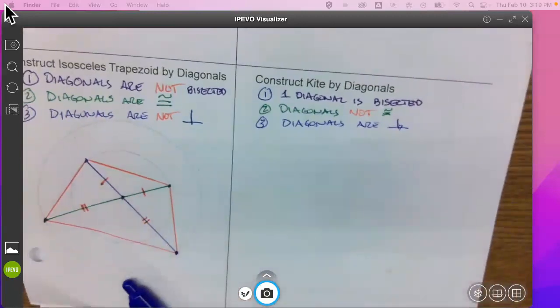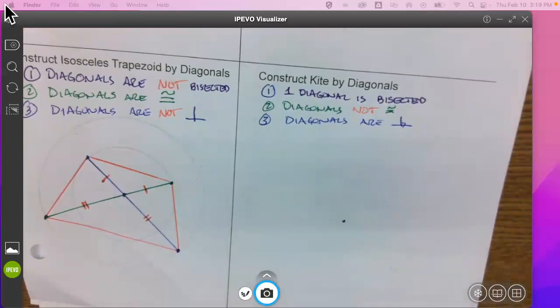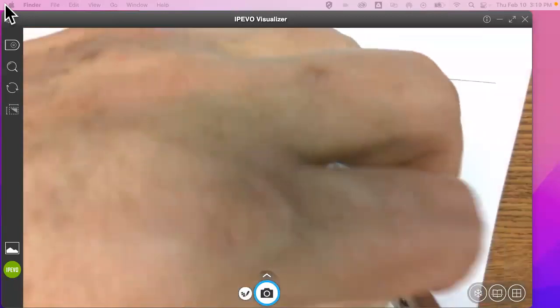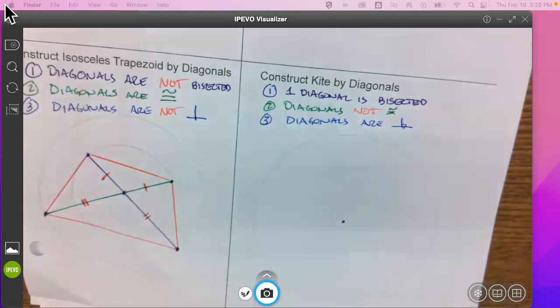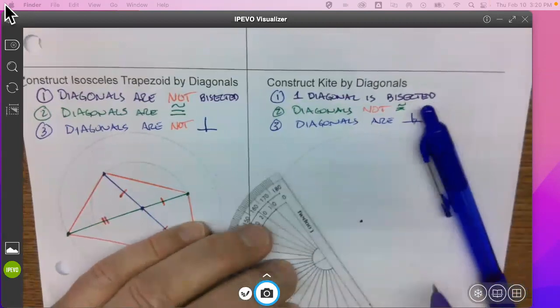So because one diagonal is bisected, we should do our little circle thing. That first diagonal, let's just draw it all the way through.